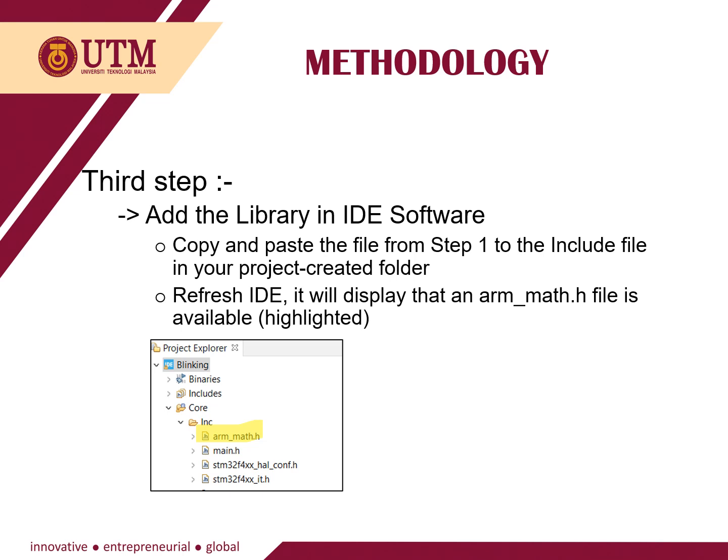You have to copy and paste the file from step 1, which is arm_math, into the include folder in the project created folder, which, as per the snapshot, is the Core include folder there. Then, after you include that file inside the project folder, you have to refresh the IDE, and then it will display that the arm_math.h header file is available for usage.